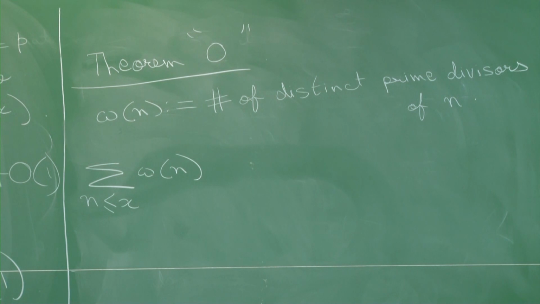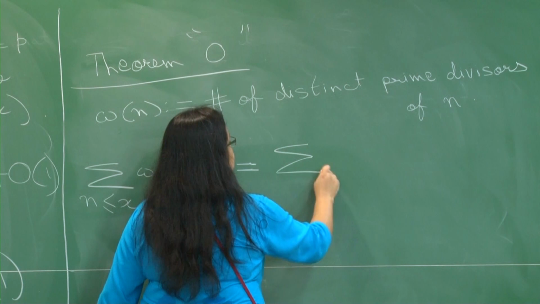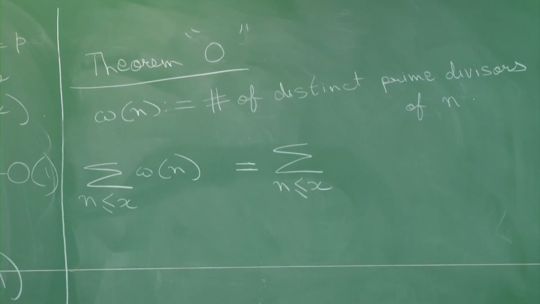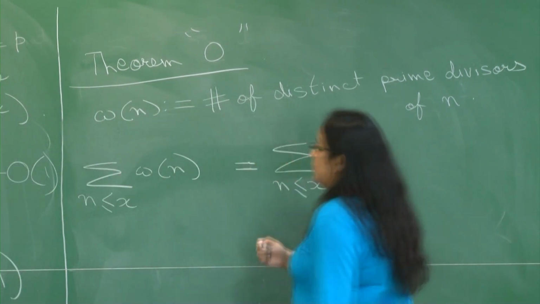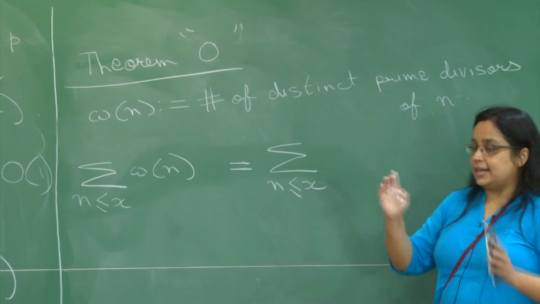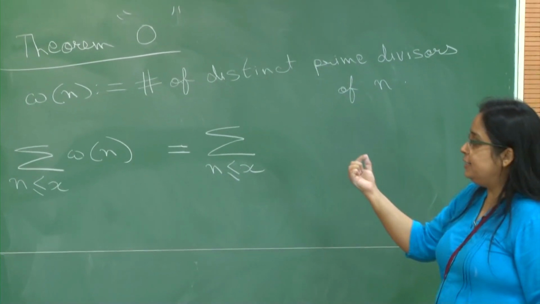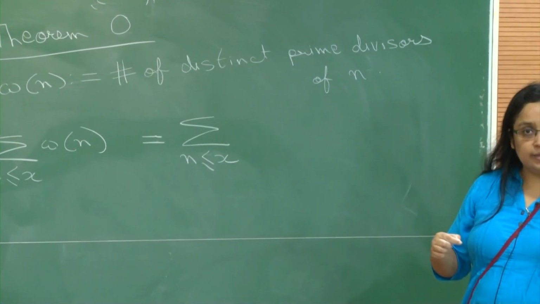What is the average order? What is this average sum? So, what do we do? This is summation as n runs up till x, right, and omega of n, what does omega of n do? It is actually the sum of a function which takes the value 1 at a prime and 0 otherwise. Okay.